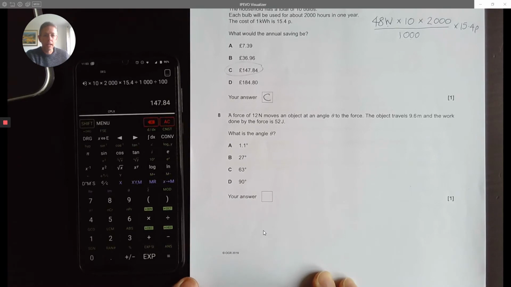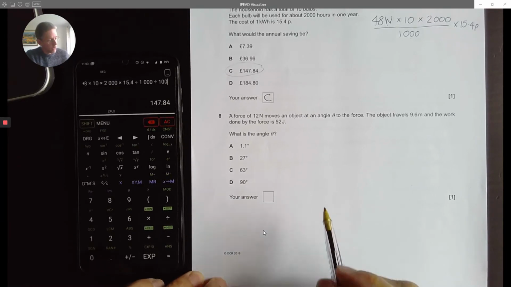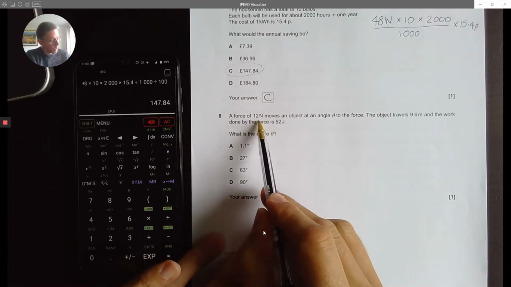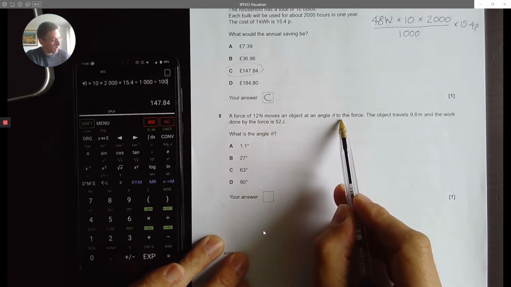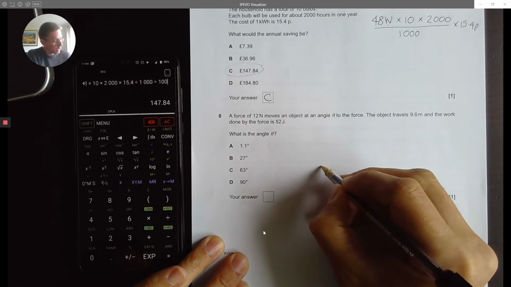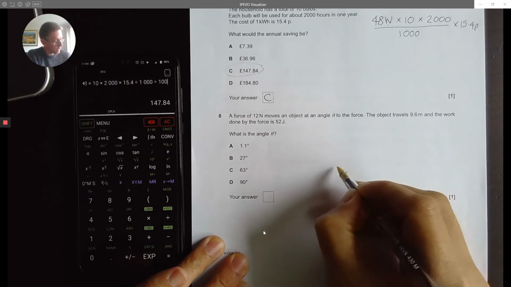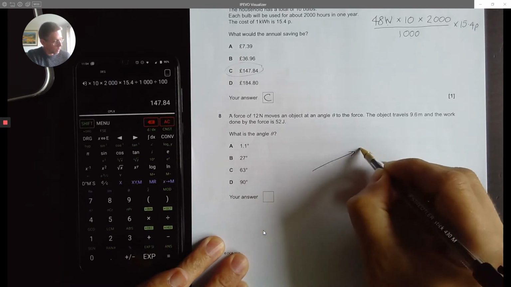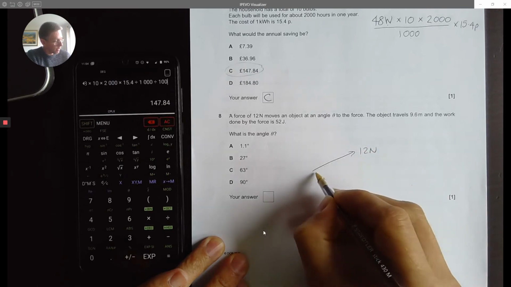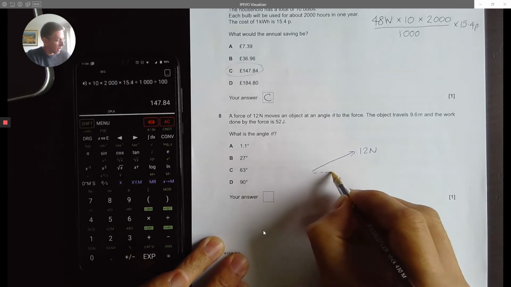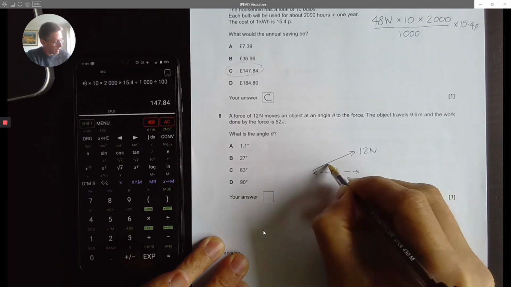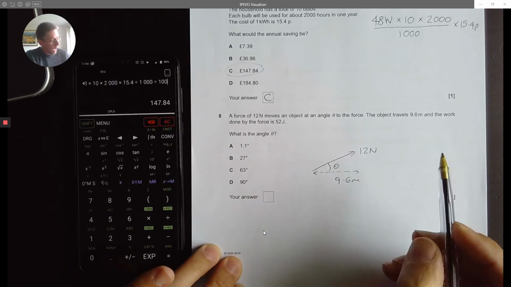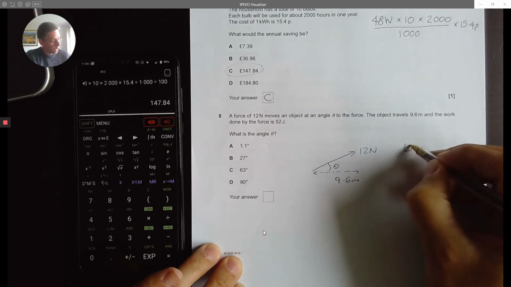Okay, last one. So on this page, a force of 12 newtons moves an object at an angle theta, and it goes 9.6 meters. So there's our 12 newtons, and there's our 9.6 meters, and there's our angle theta, and it says the work done is 52 joules.